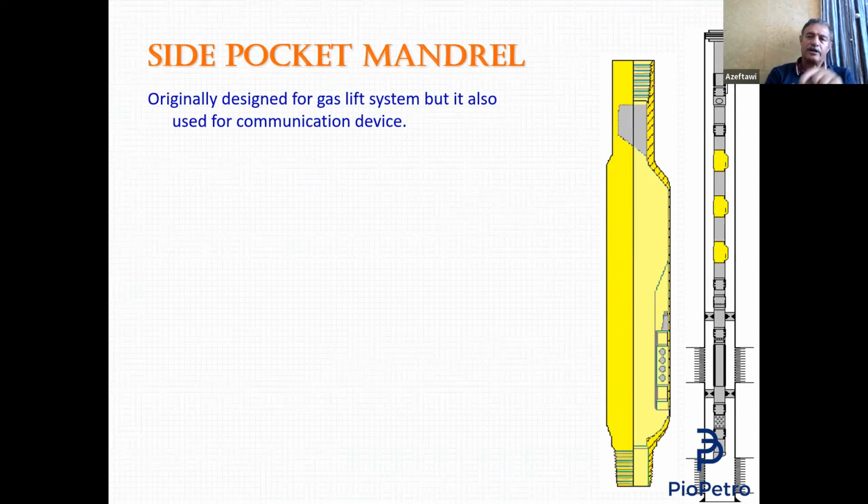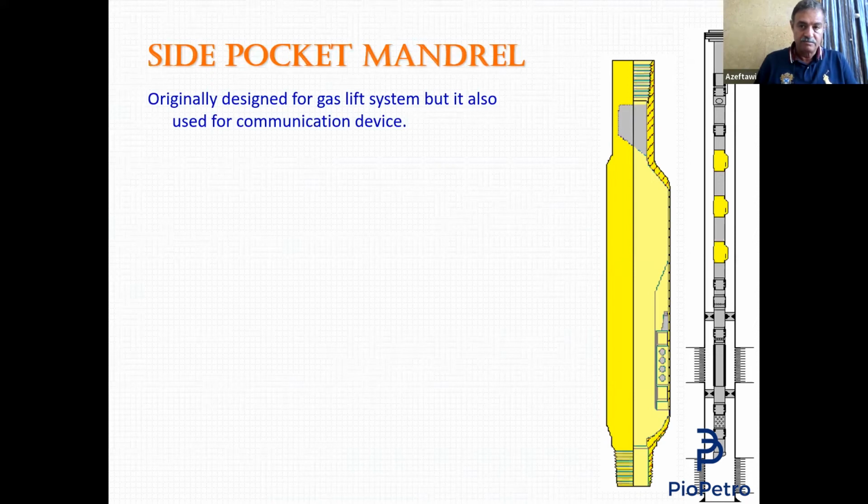We run it in wells that are not self-flowing. To flow from these wells, we have to use a secondary recovery, and the selection of the secondary recovery is gas lift.